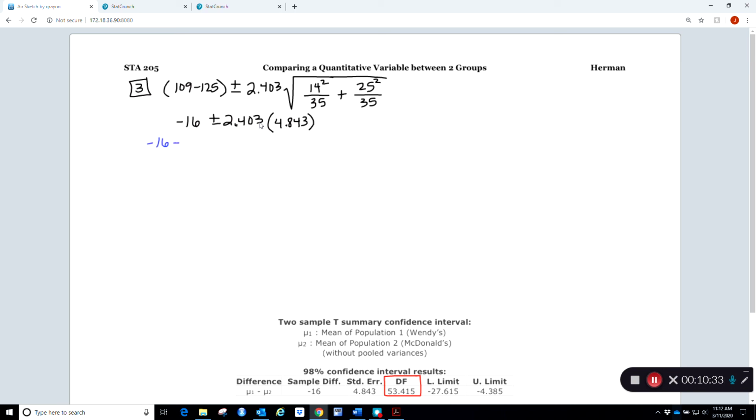So I'm going to take negative 16 minus my t times my standard error, and then take my negative 16 plus my t times my standard error. And so now the math isn't too bad. I just need to do my multiplication first.